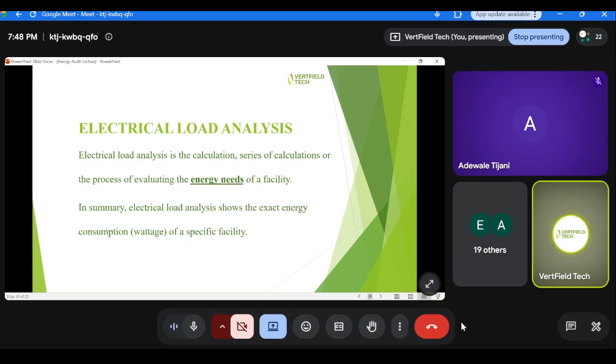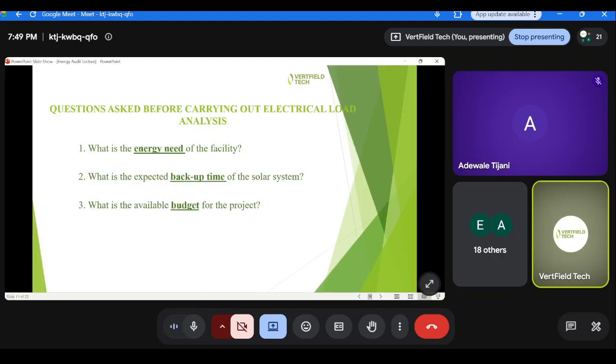It helps you get the information of the things you are powering up by knowing their number, their quantity, and the time you intend to power those things up. Then it will give you the energy need of the facility. So electrical load analysis actually helps you to know the exact energy consumption of that facility in watts, and it is a very important tool that you are expected to use in the field.